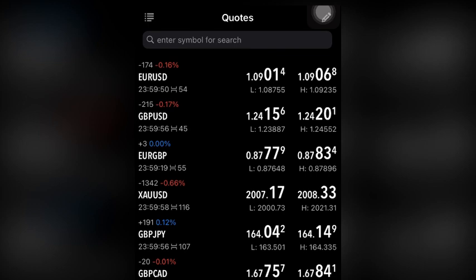Gold is a commodity. I believe we have seen this in the introduction part of this workshop course, when I talked about things that you trade on Forex. I hope you remember. The next one here is GBP JPY. The next one is GBP CAD. So these are the currency pairs that we have here. Whenever we call them pairs, they are just paired together.